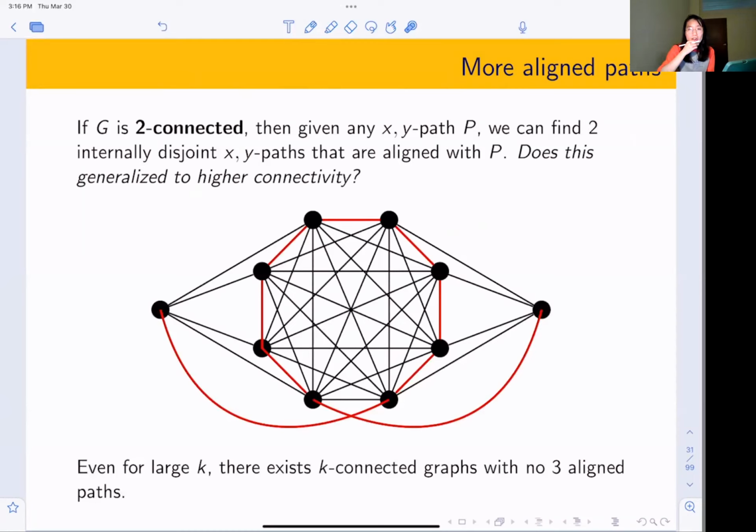So here I can build a graph which has very large connectivity, but I'm still not able to find even 3 aligned paths.